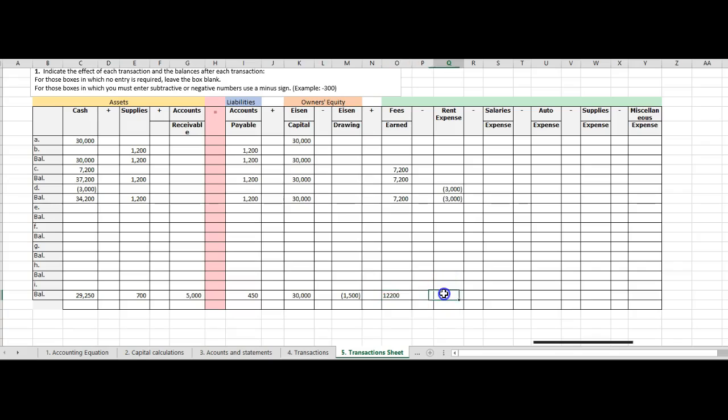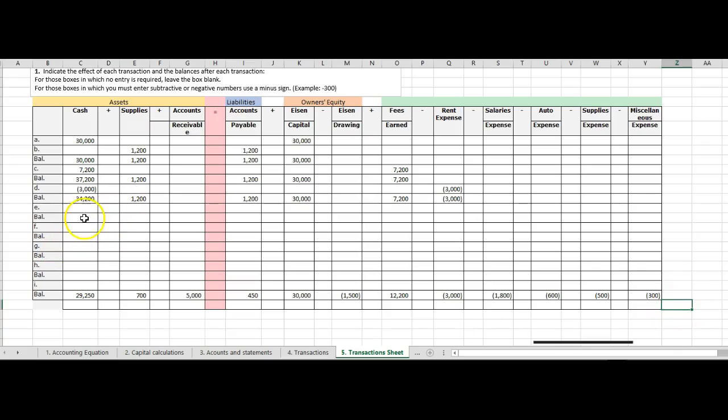Your rent expense is going to be a negative 3,000, sorry. Your salaries expense is going to be a negative 1,800. Your auto expense is going to be a negative 600. Your supplies expense is going to be a negative 500. And your miscellaneous expense is going to be a negative 300.